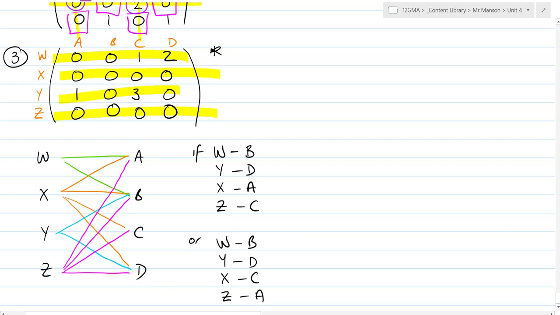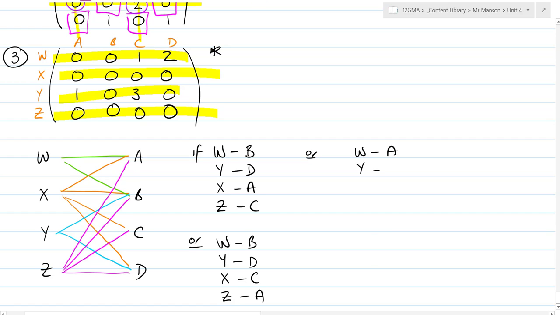So there are 2 options, and then I've got the other, which is of course, what if W is actually A? If W is A, that doesn't actually close anything down anywhere else. So now I've got a choice with Y. Y can still be 2 things.